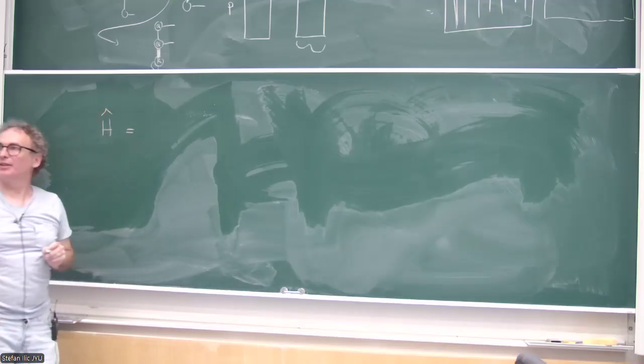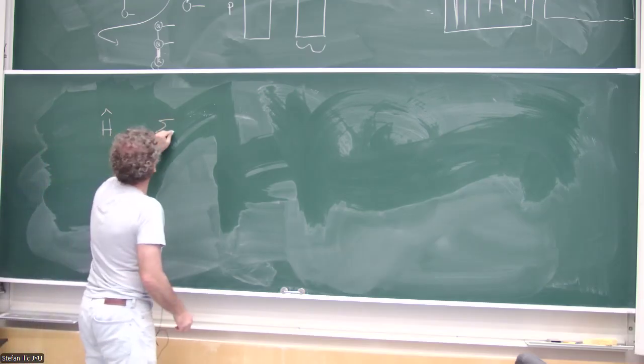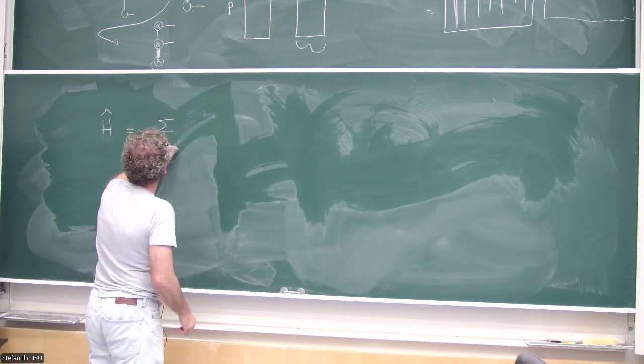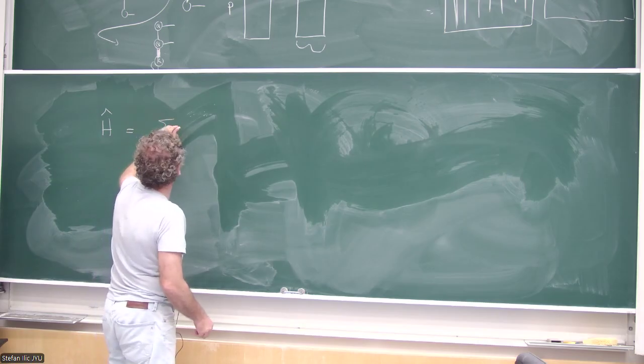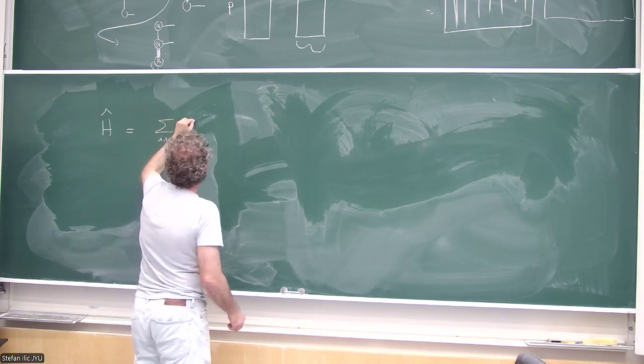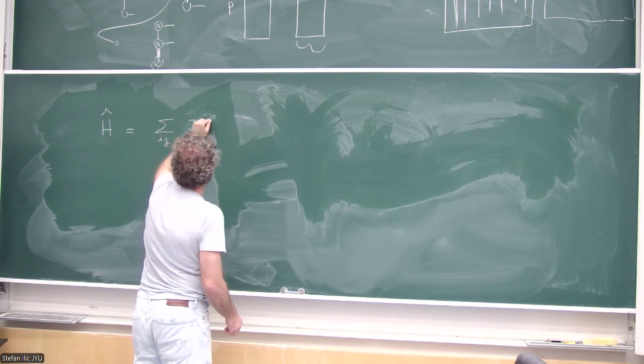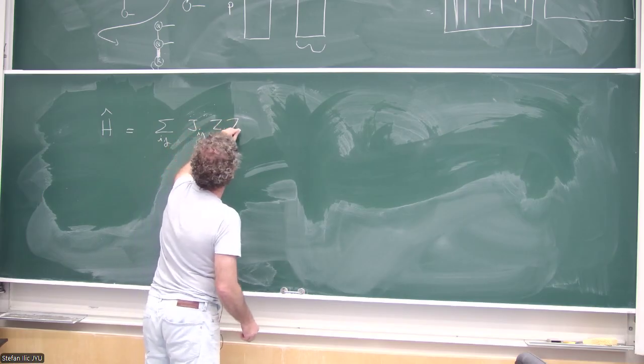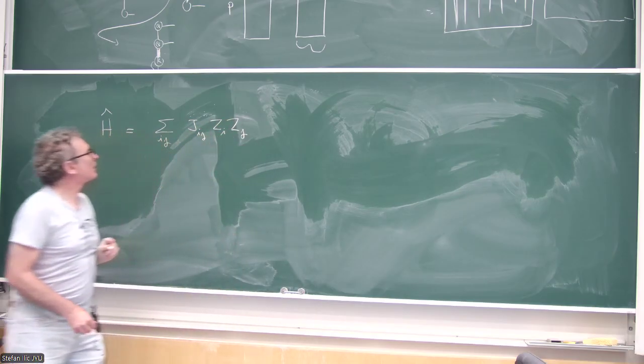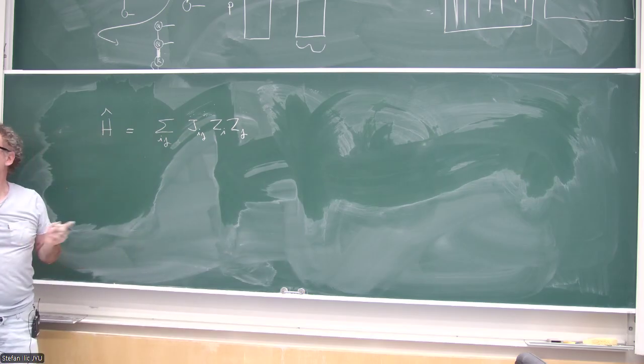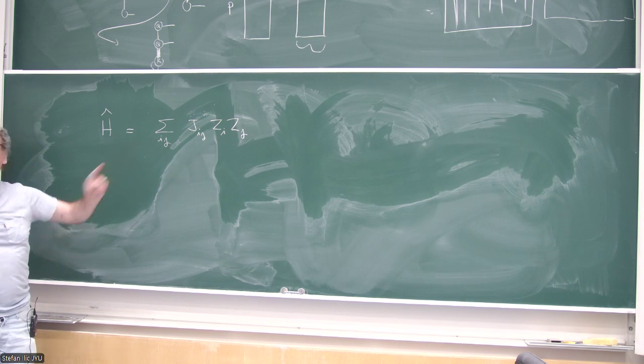Now we have a Hamiltonian. Let's get rid of all these unitary matrices. We have n spins now. And so the first thing we have is the Ising interaction. These are the Pauli matrices again.